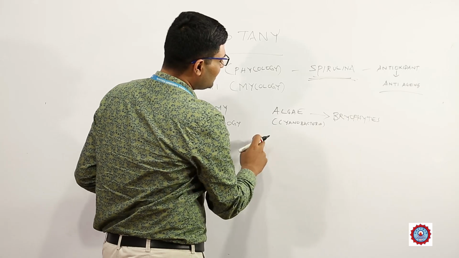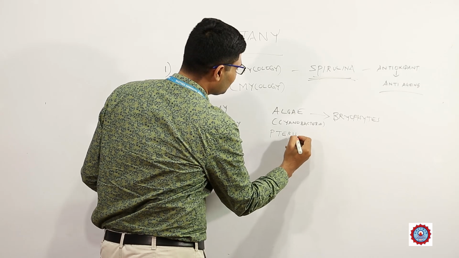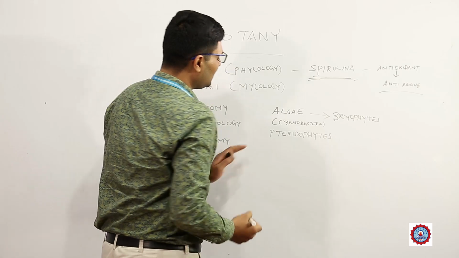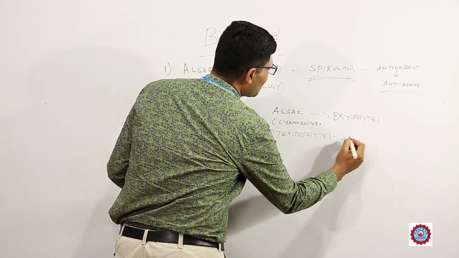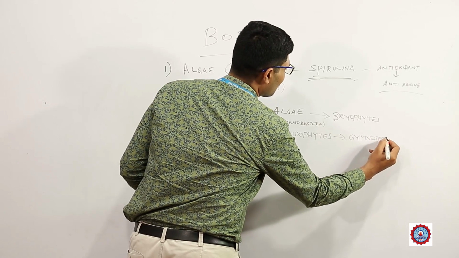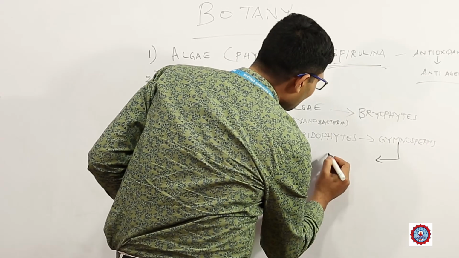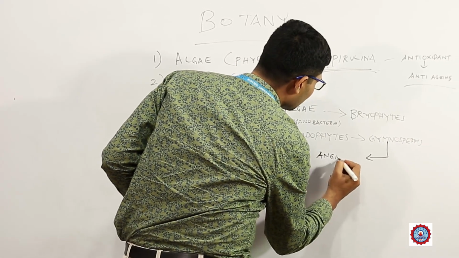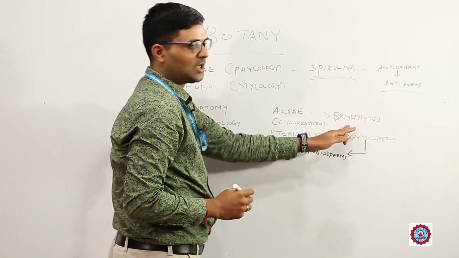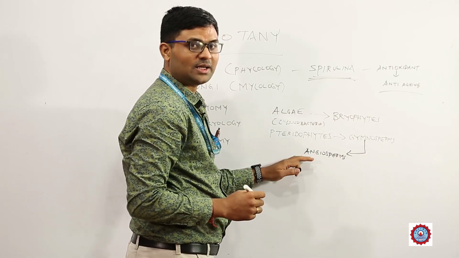Then there was a third group known as pteridophytes. Then came the gymnosperms. From gymnosperms, there arose a new group called angiosperms, right? So from algae to bryophytes, bryophytes to pteridophytes, pteridophytes to gymnosperms, and then angiosperms.